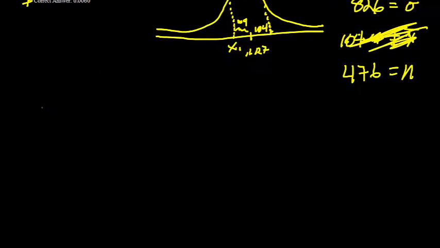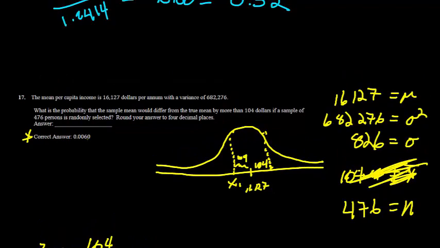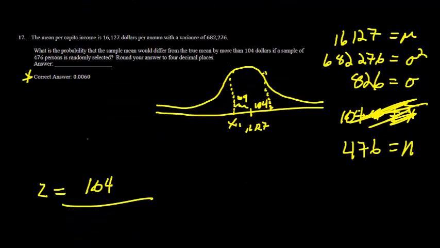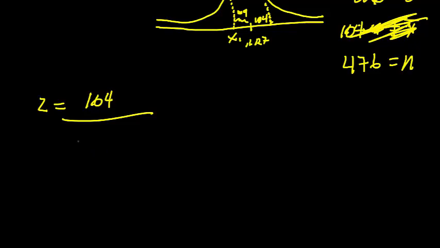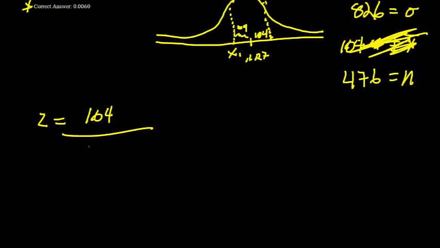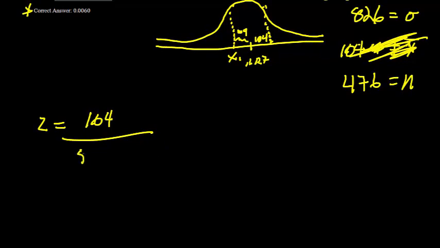Okay, so let's do a Z calculation. Now, this is going to be X bar minus mu, but I already know what X bar minus mu is. It's 104, over sigma. Sigma was 826, over the square root of n.